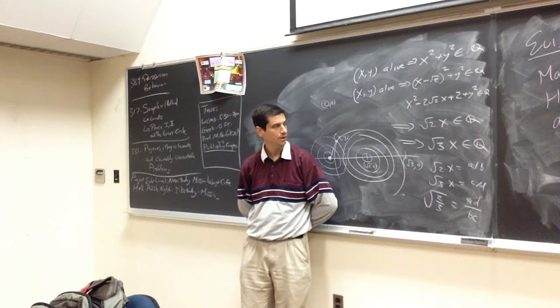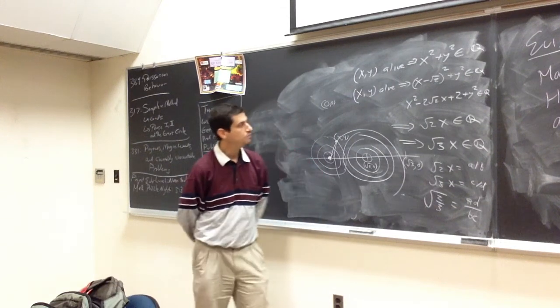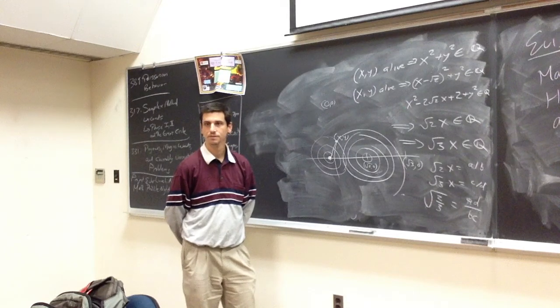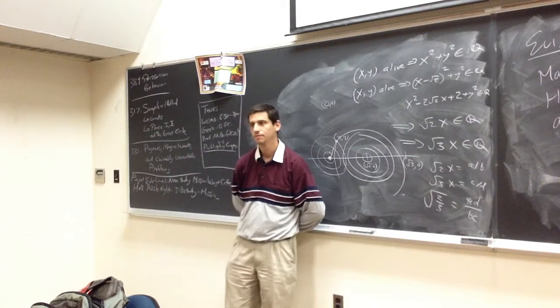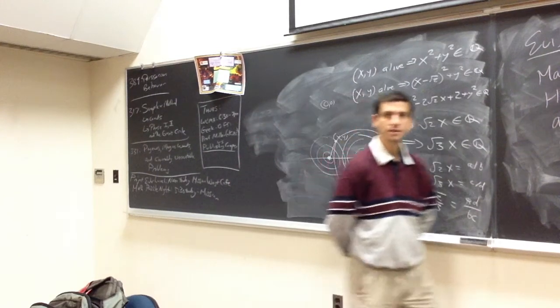Does this finish the job? So if I have any points that are left, are there any possibilities for the x-coordinate? No. What about the y-coordinate? Do we know any information about the y-coordinate?